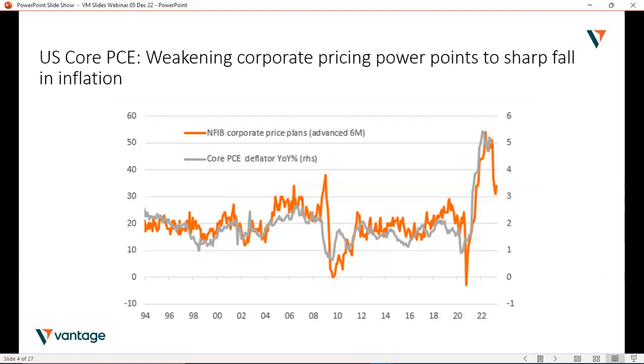The October PCE inflation data came in softer than expected for the core month-on-month reading at plus 0.2% versus plus 0.3 expected, while the year-on-year level came in at 5% as expected. But this kind of confirmed that inflation may have peaked using the Fed's favored measure of the trimmed mean.